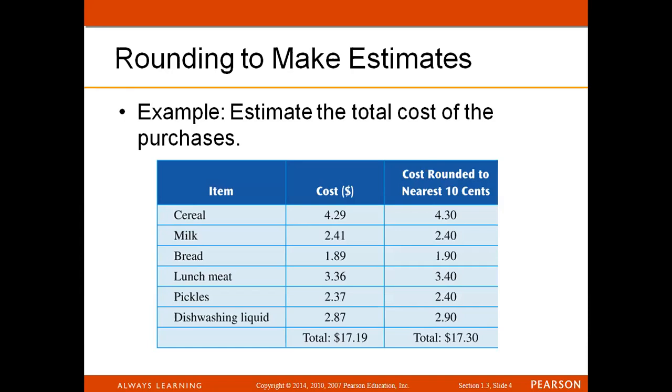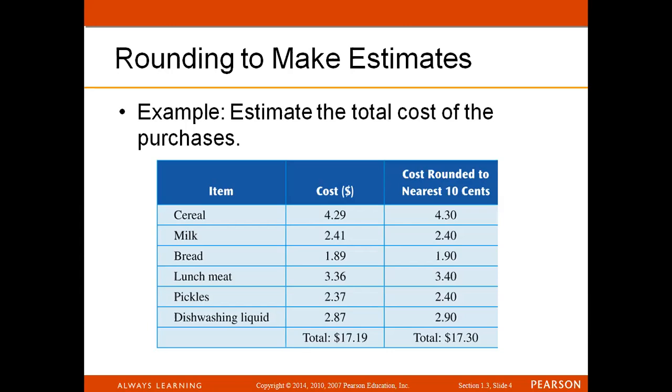If we round each of these to the nearest 10 cents, then cereal is $4.30, milk is $2.40, bread is $1.90, lunch meat is $3.40, pickles is $2.40, and dishwashing liquid is $2.90.